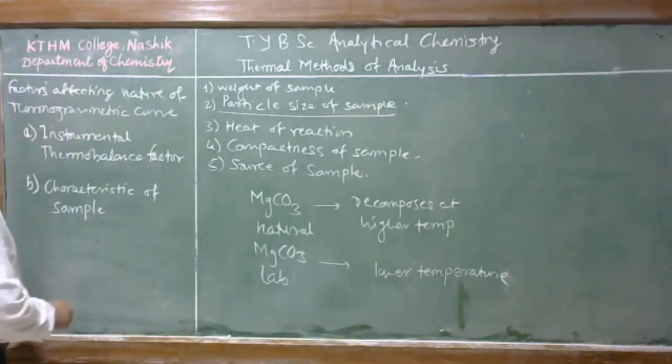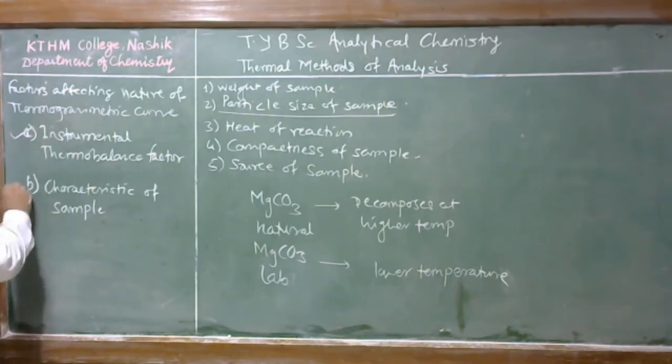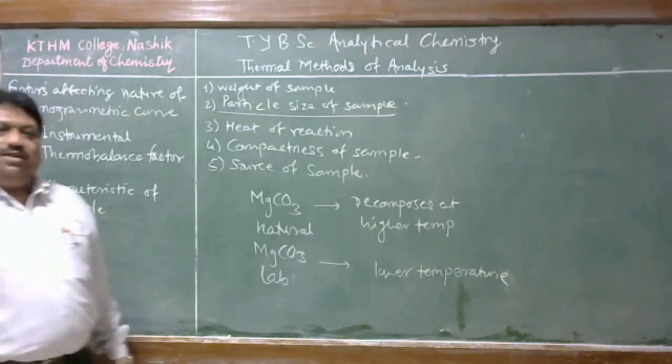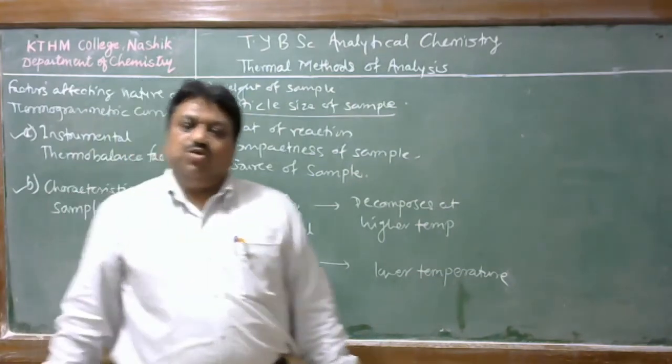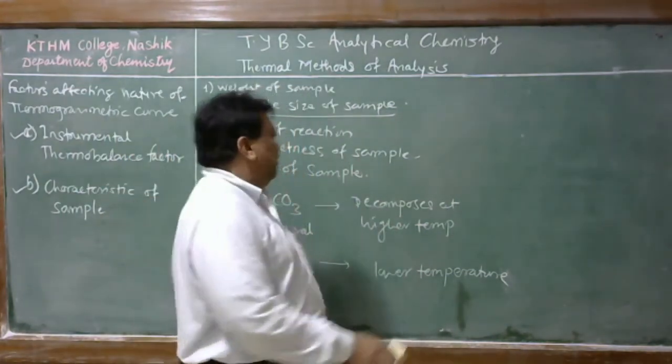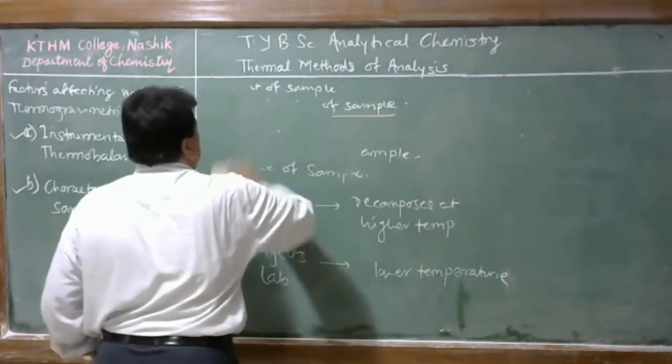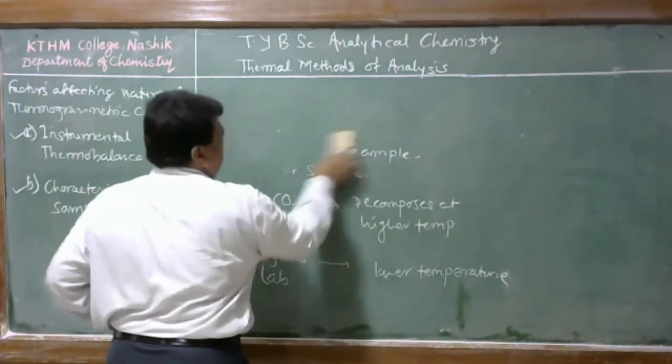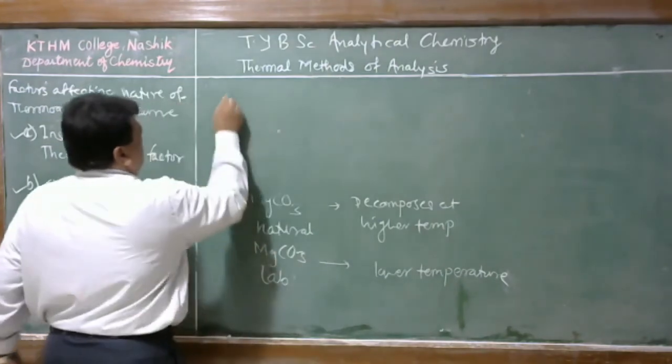Students, these are all the instrumental and sample characteristics that affect the nature of the thermogravimetric curve. We have to discuss one problem based on calculation of loss in weight of the substance.